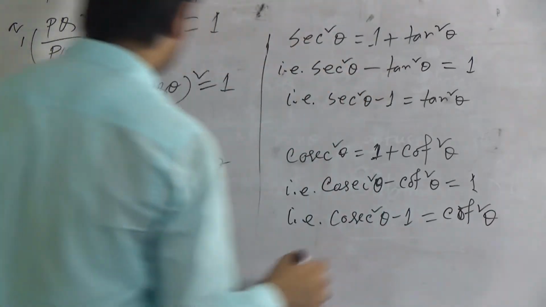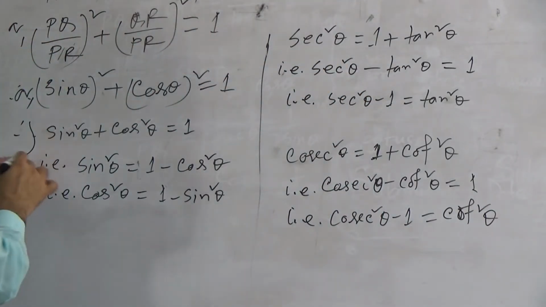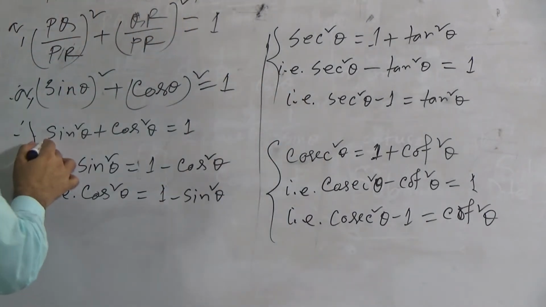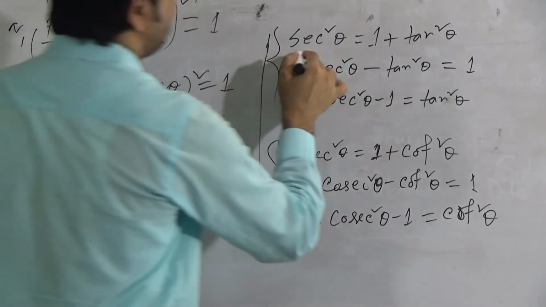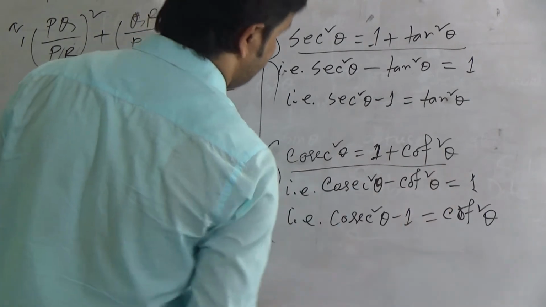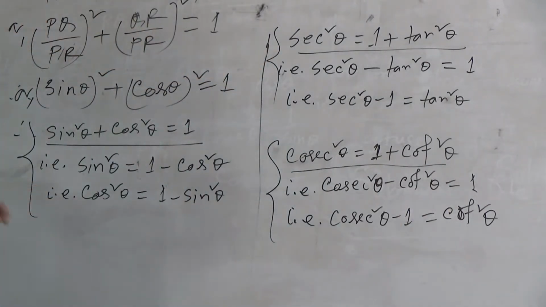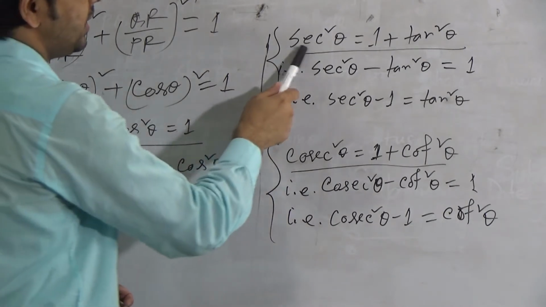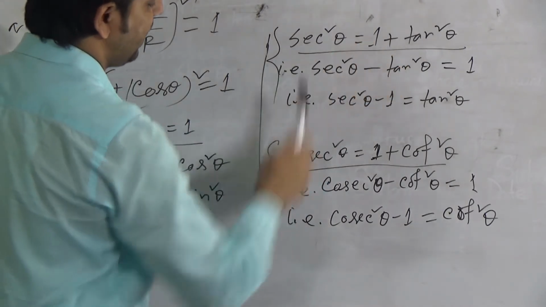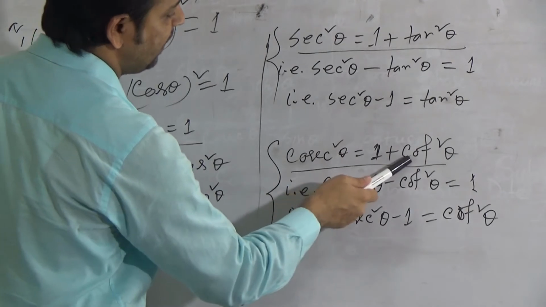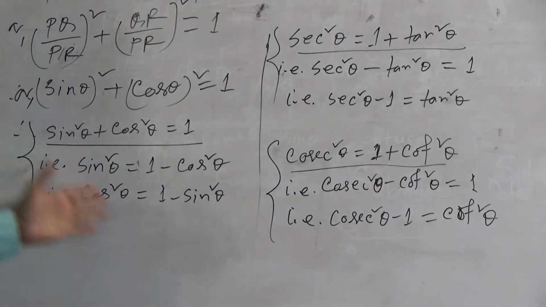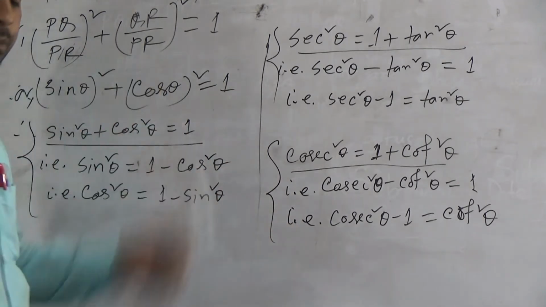We can write these three identities, so here is 3, here is 3, here is 3. We obtain these from only this one each. Basically, we have three identities: sine square theta plus cos square theta equal to 1, sec square theta equal to 1 plus tan square theta, cosec square theta equal to 1 plus cot square theta, and we can get these 6 identities from these three.